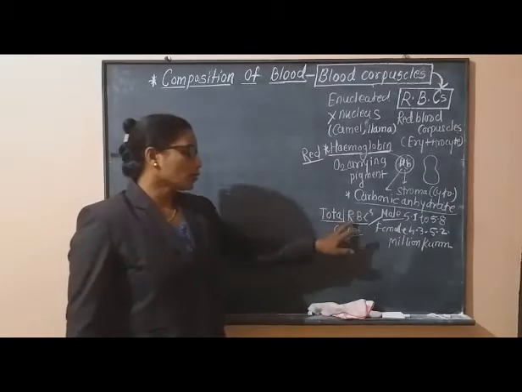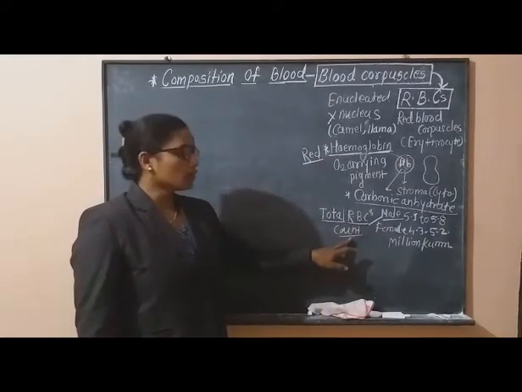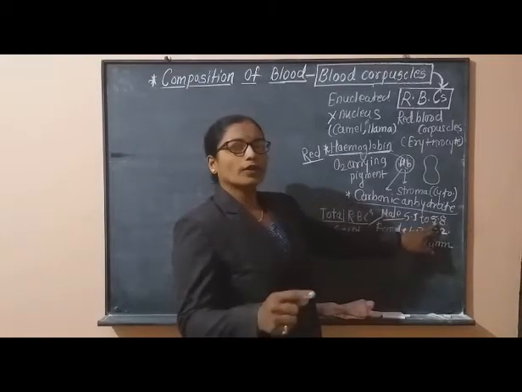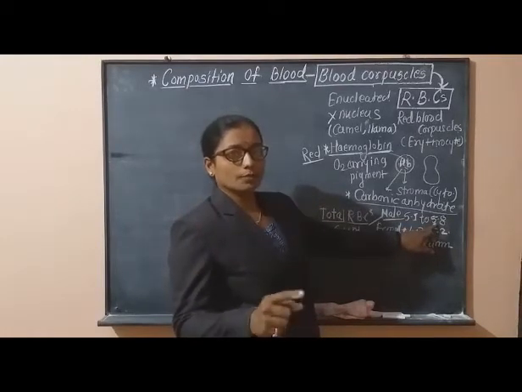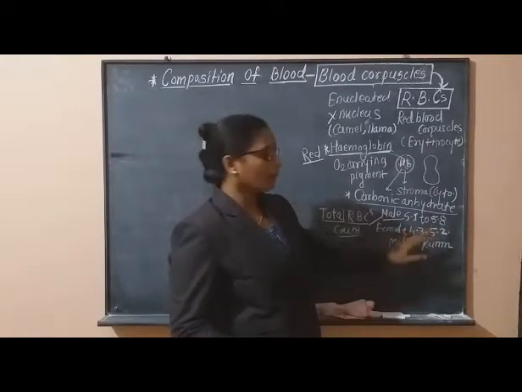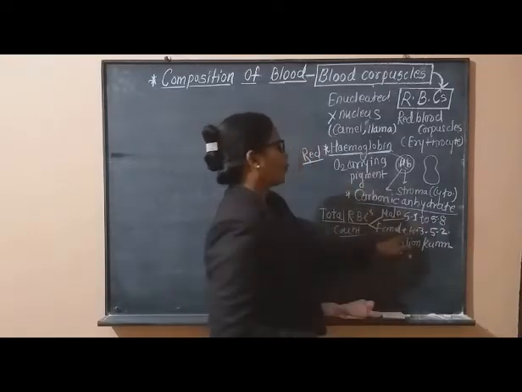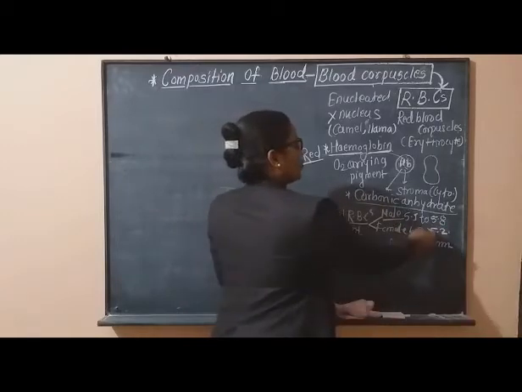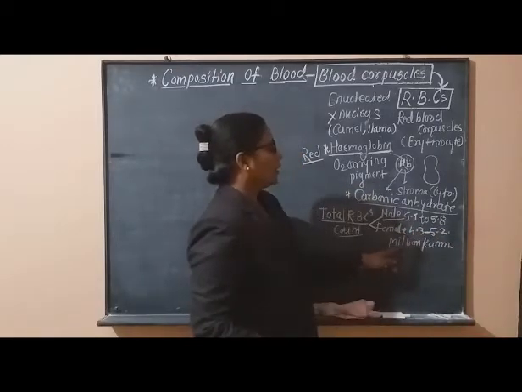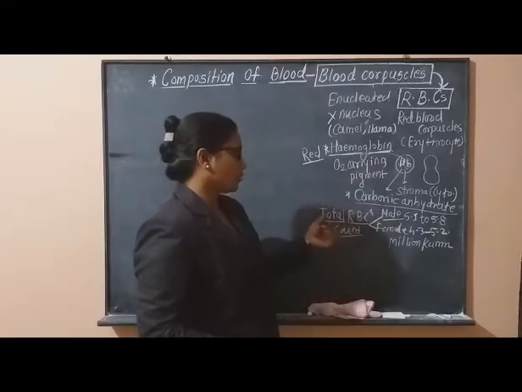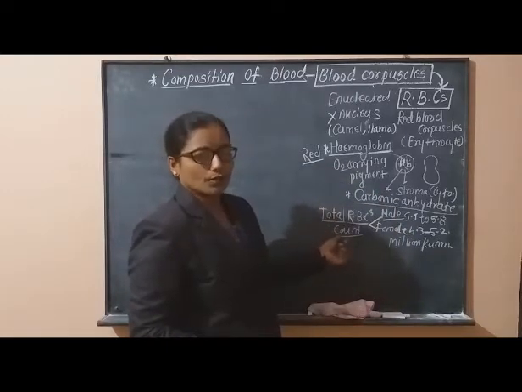Means in male 5.1 to 5.8 million RBCs per cubic millimeter are present, and in case of female 4.3 to 5.2 million per cubic millimeter RBCs are present. This is called total RBC count.